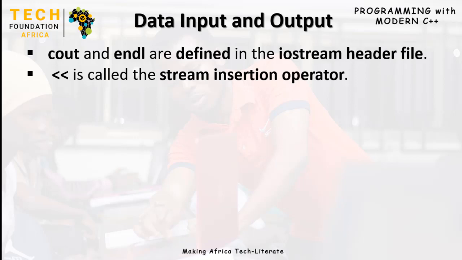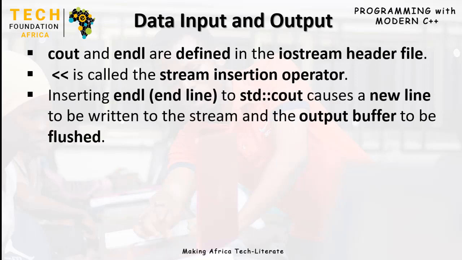Now, whenever you insert an endl to the cout, it causes a new line to be written to the stream, and the output buffer to be flushed. The output buffer is just a term for some area in memory where those characters are stored before they are printed to the screen. Is that okay?